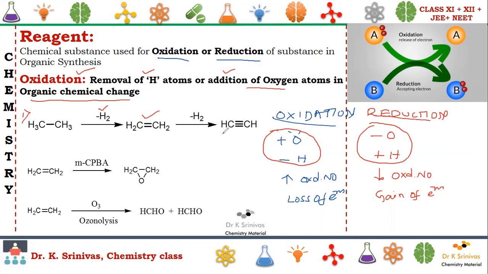If you further remove hydrogen, we get ethyne. In the second example, we are not removing any hydrogen, but instead adding oxygen. That's addition of oxygen. In the third example, we are breaking this bond and adding oxygen to this. Therefore, we get the oxidized products.